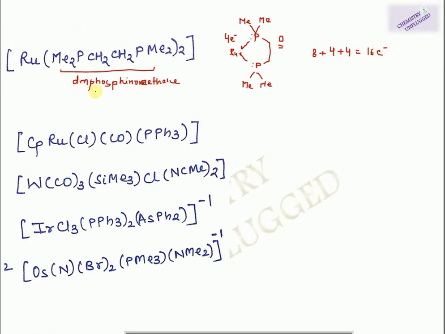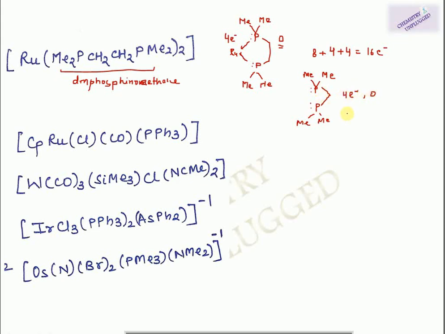We can also have here dimethyl phosphinomethane. So it is also similar to this one. It also provides 4 electrons. The electron contribution is 4 and the formal charge is 0.